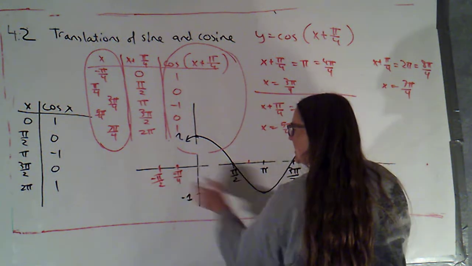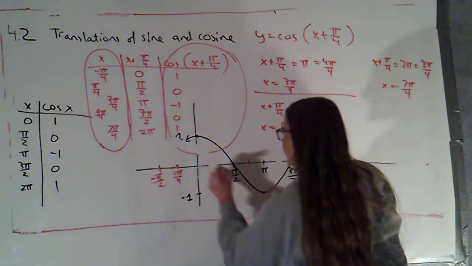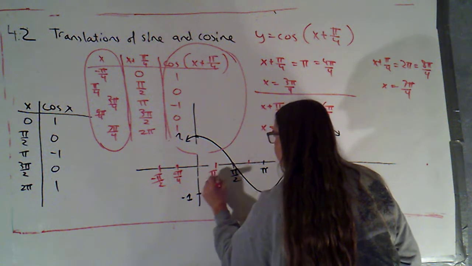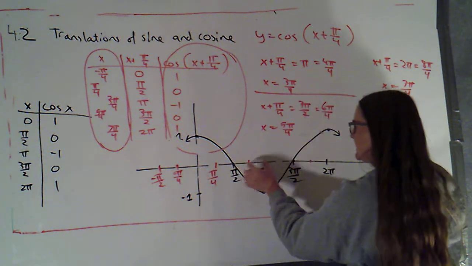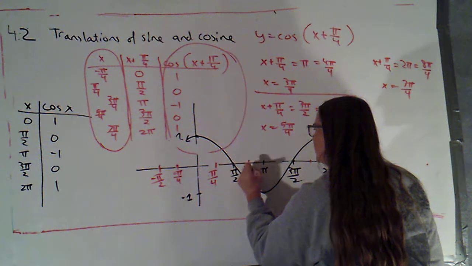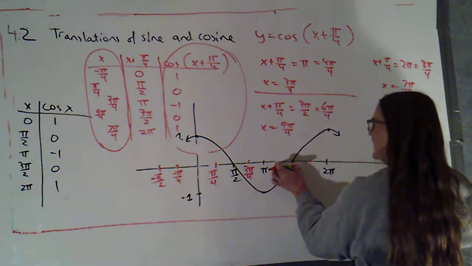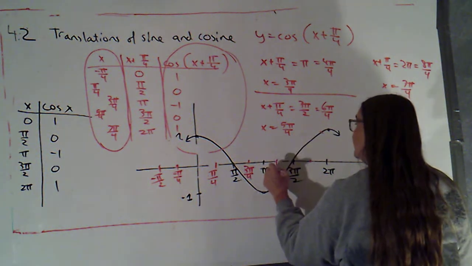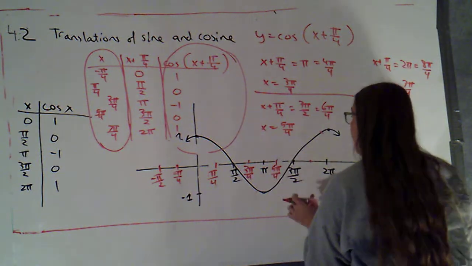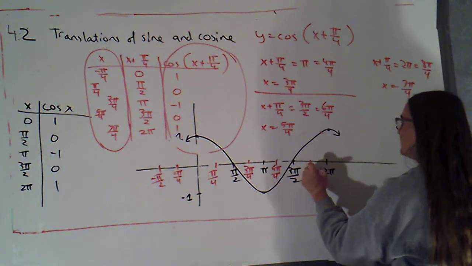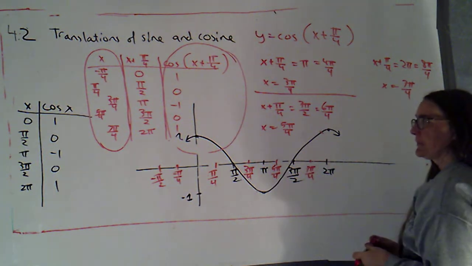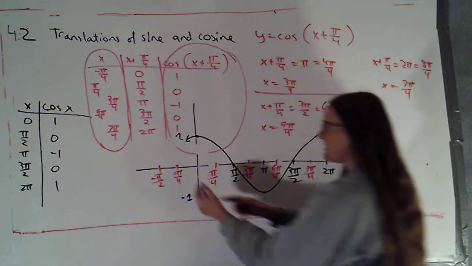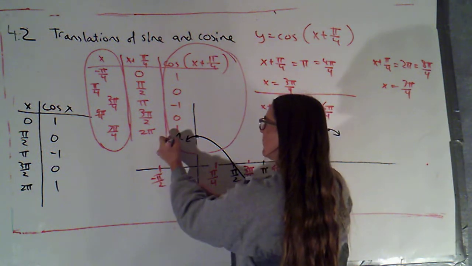So I'm just always going to be going that distance to the left of my quadrantal angles. So that will give me pi over 4. This distance to the left of pi gives me 3 pi over 4. The same distance to the left of 3 pi over 2 will give me 5 pi over 4, and then 7 pi over 4.